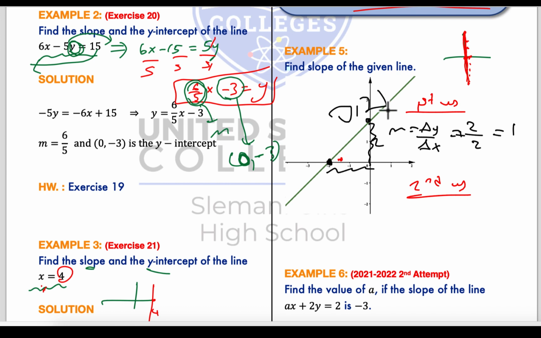(0, 2) is a point here, and here (-2, 0). So we apply this rule, y2 minus y1 divided by x2 minus x1.